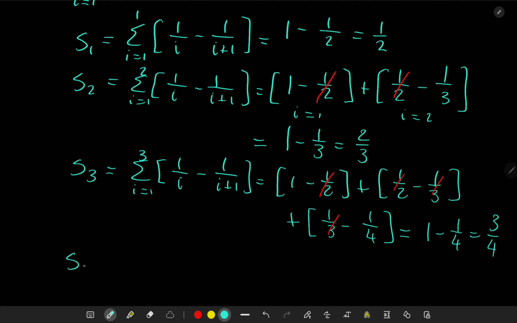So it seems like all the terms are going to cancel, and you're going to have 1 minus 1 over n, which is going to be n minus 1 over n when you do a common denominator. And if you test your hypothesis here with n equals... well, fail, massive fail.